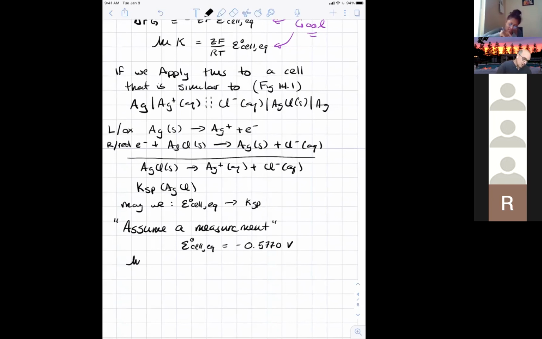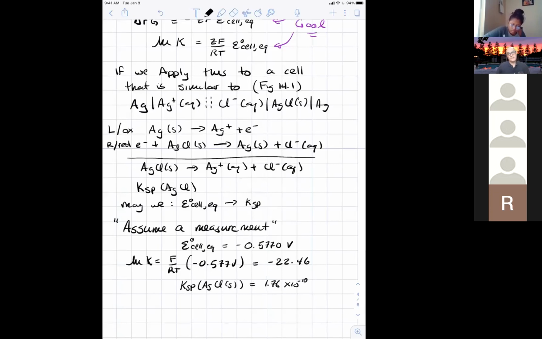And then we can say log of K equals F over RT times minus 0.577 volts. The value of this happens to be minus 22.46, right? And this gives the KSP for AgCl, 1.76 times 10 to the minus 10.